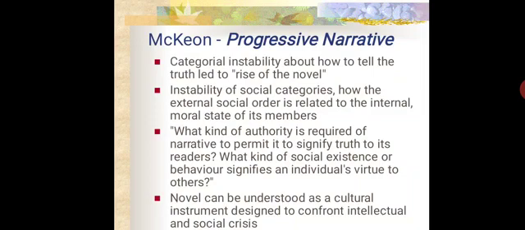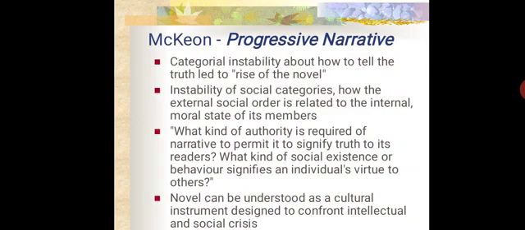So there is a representation of progressive narrative. Instability of social categories: how the external social order is related to the internal moral state of its members. The characters are presented from the social categories, so there is an internal moral state of its members.